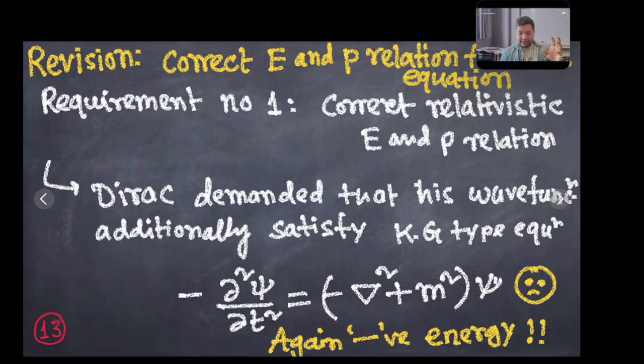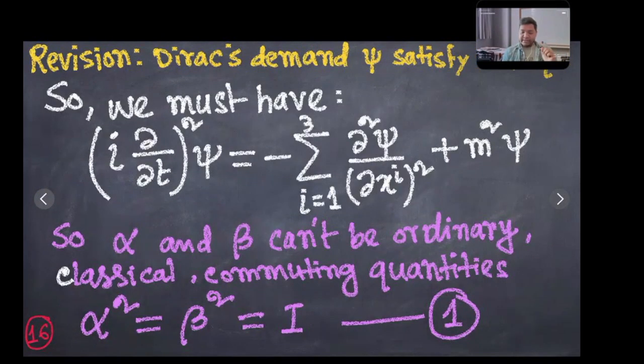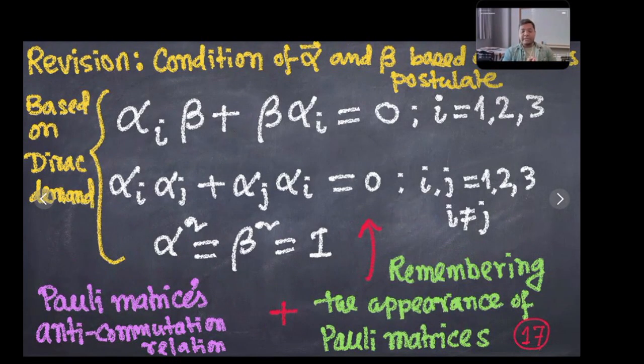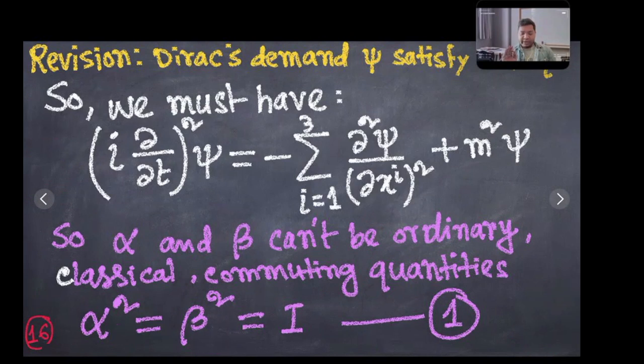And we try to understand the set of relations between alpha and beta, and it is completely based on the Dirac postulate. What was the postulate here? When Dirac was developing this theory, at some point he agreed that whatever wave function he defined in his theory should satisfy the Klein-Gordon equation.